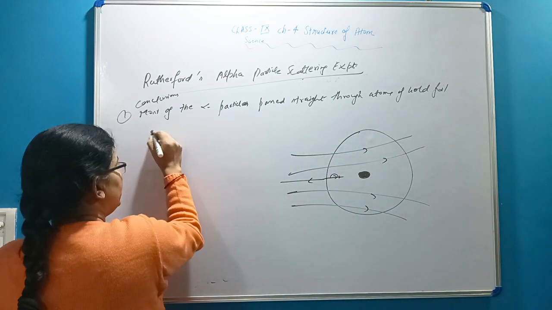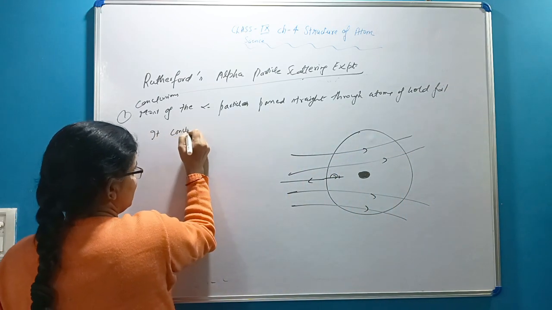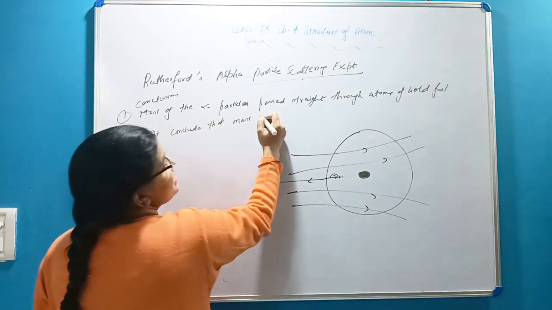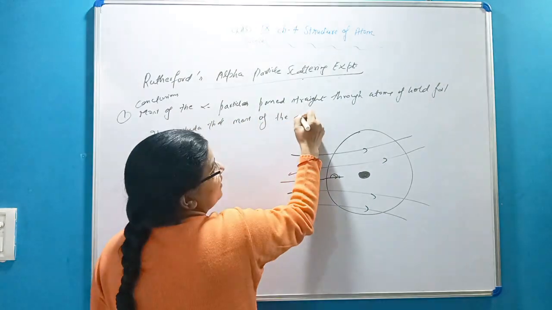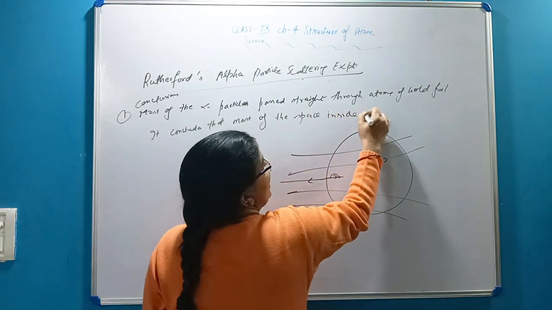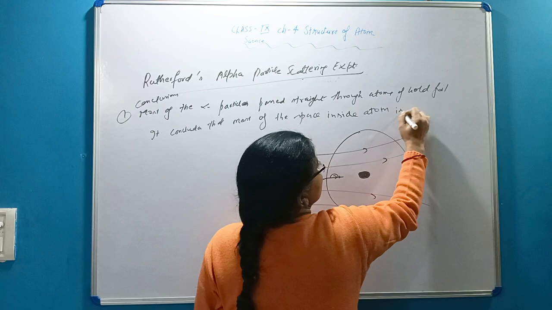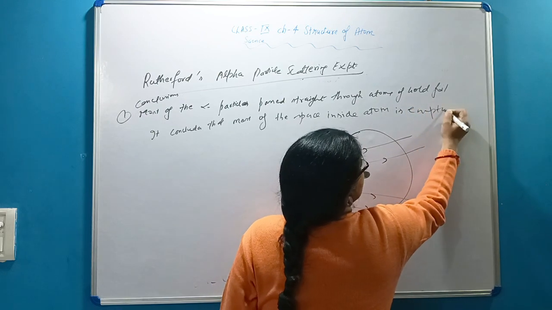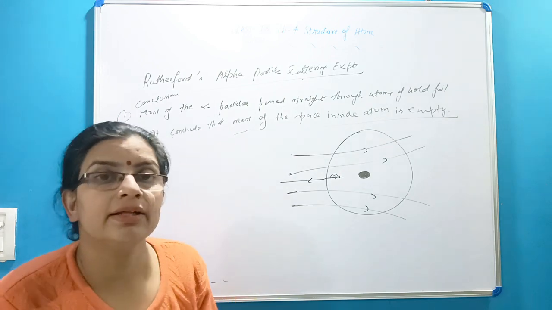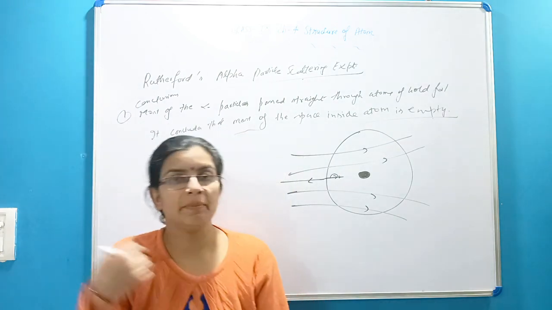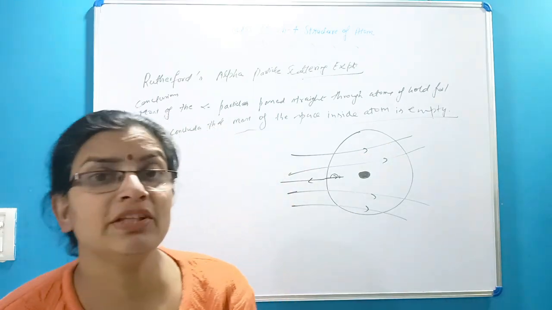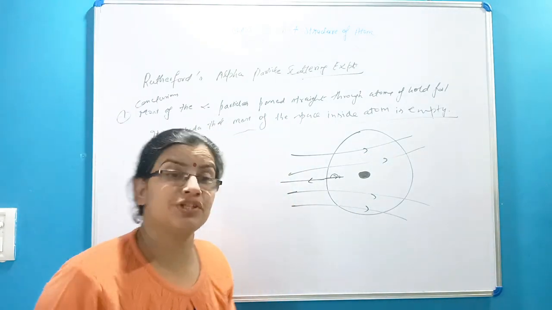It concludes that most of the space inside the atom is empty. It was the first conclusion made by Rutherford. Why? Because most of the alpha particles passed through it straight without any deflection, without any deviation.